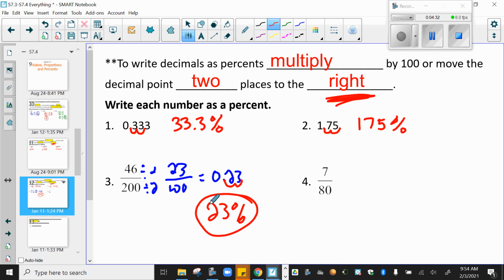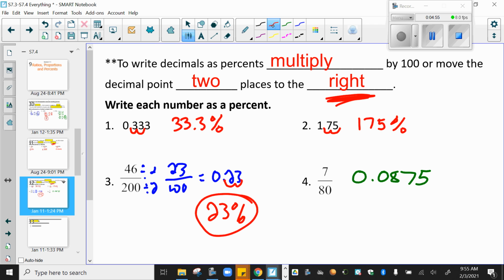All right? 4 is going to be way harder. We're not going to find one that works for that. So we're just going to calculate it. 7 divided by 80 makes 0.87. Oh, I'm sorry. No, I misread that. Let's try it again. We'll go green. 0.0875.